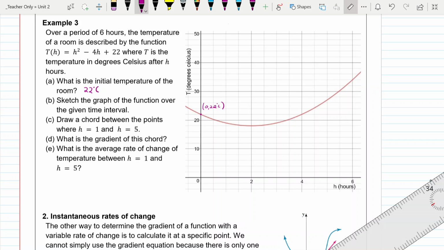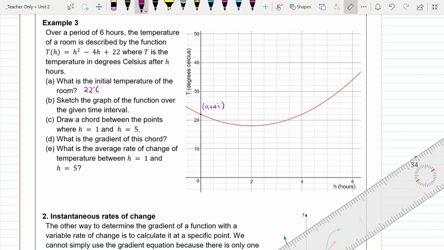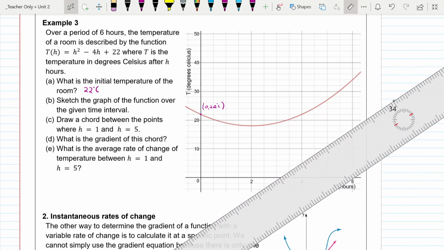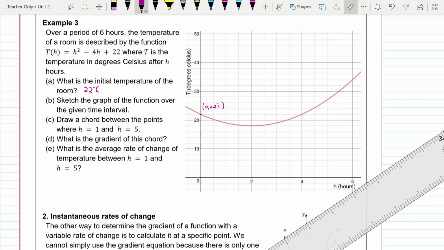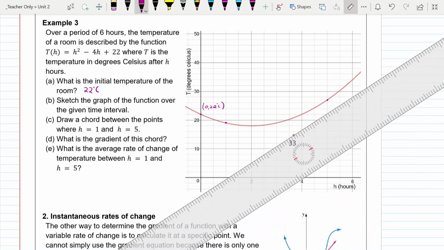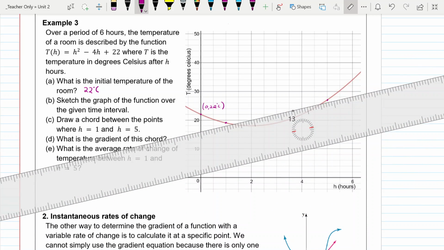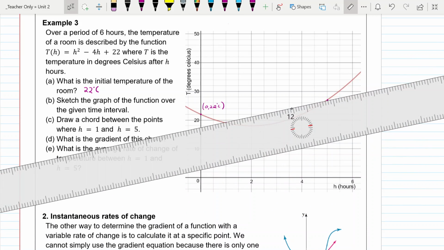Sketch the graph of the function over time interval. We've actually given that to you. Draw a chord between the points where h equals 1 and h equals 5. So there's my point h equals 1. There's my point h equals 5. And I'm going to draw a chord there.